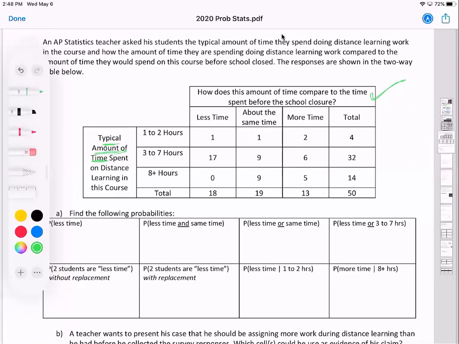For instance, these students are only spending 1 to 2 hours on AP Stats, which would mean they're spending more time now, and that's surprising, but maybe we'll talk about that later.